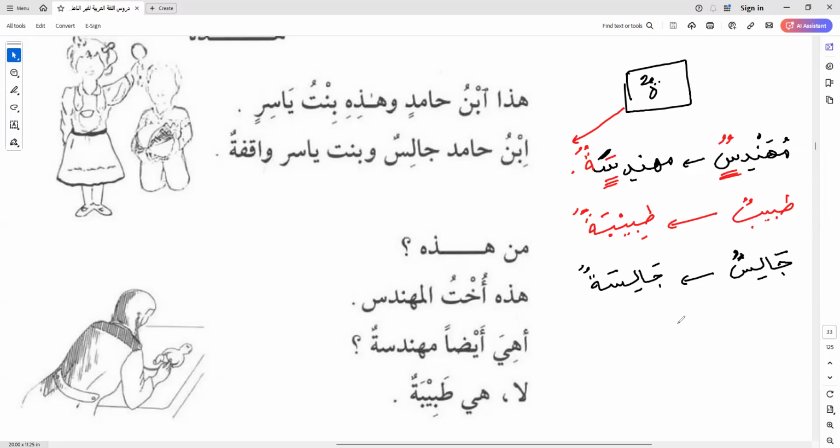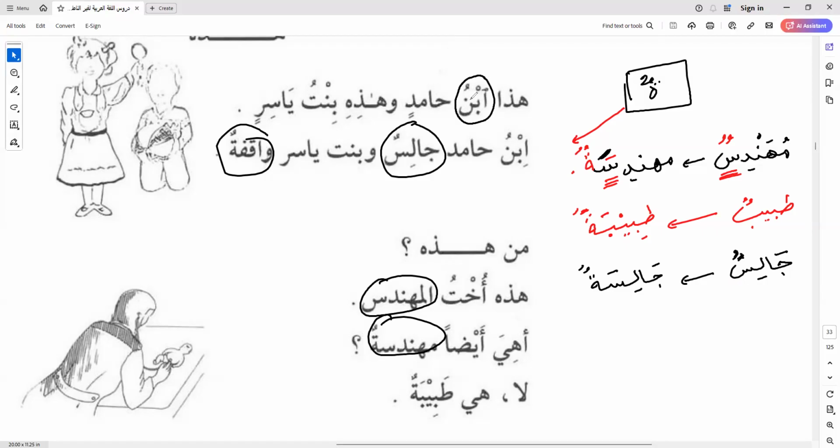Again, you form the feminine by adding the taw marbuta. That is one of the signification processes. And that's what we learn. So you can see muhandisun, muhandisatun, jalisun, jalisatun. And then this is basically by naming: ibnun, bintun, masculine, feminine; jalisun, masculine; waqifatun, standing, feminine.